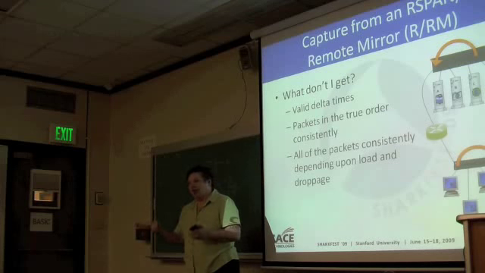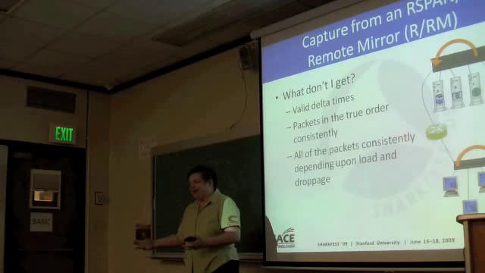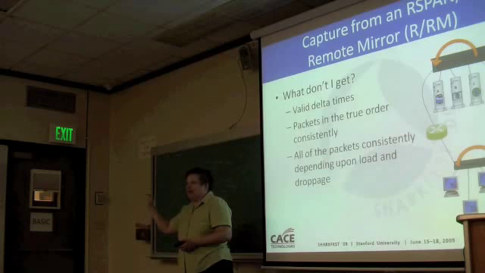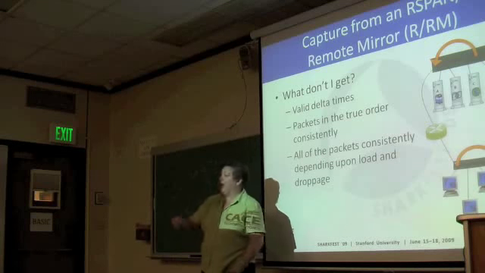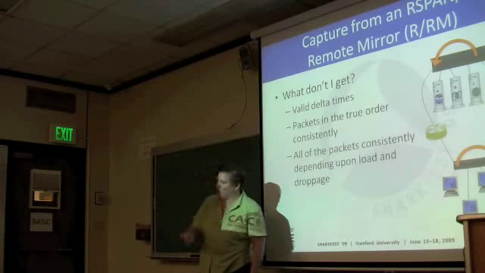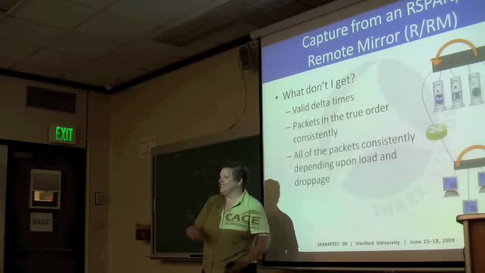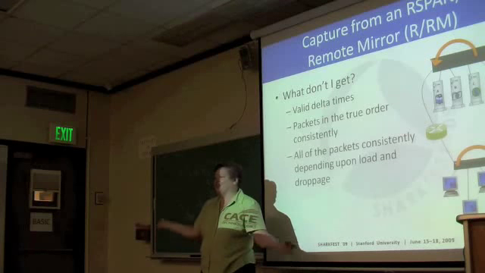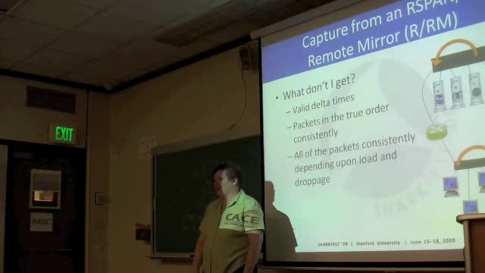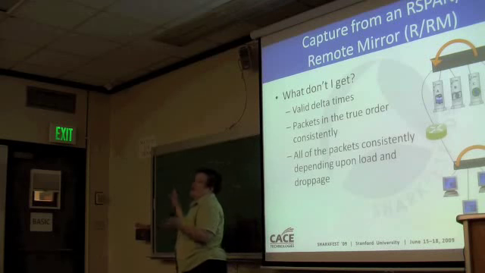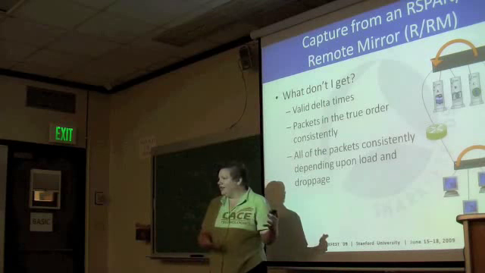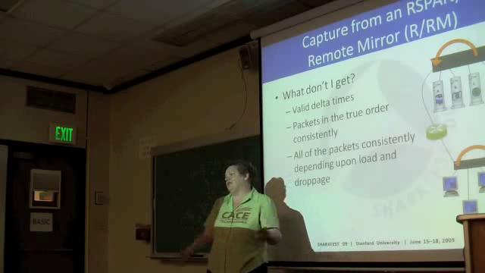Because they're all going to be off to varying degrees, depending upon how saturated each one of those trunk links was at the moment that packet went through. So I cannot look at my delta times at all. But if my goal is to just see the traffic at all, then great. But if my goal is to see good delta times, don't go there.